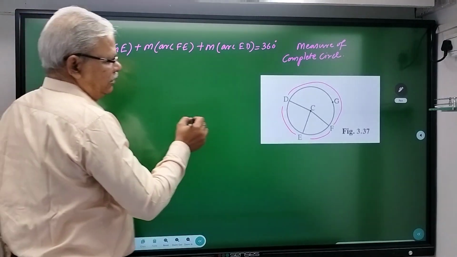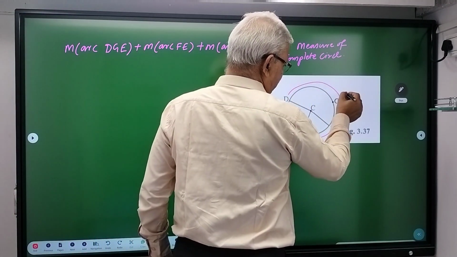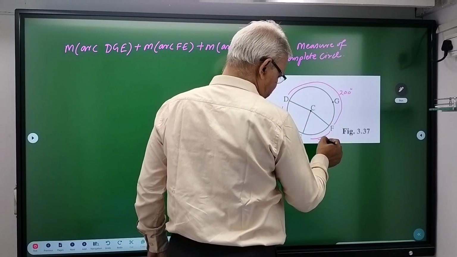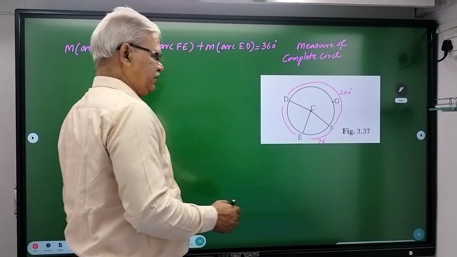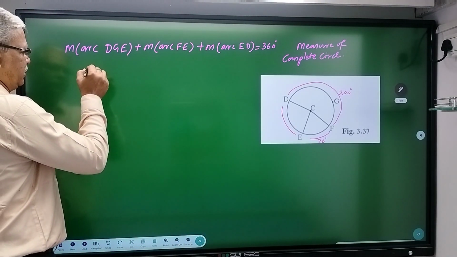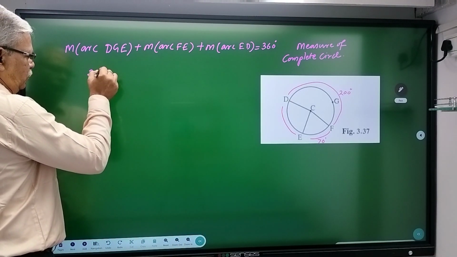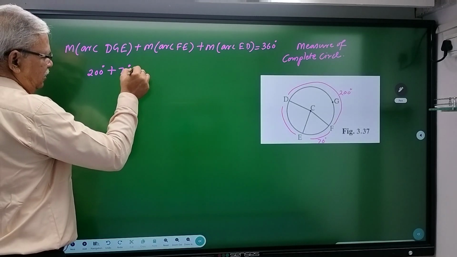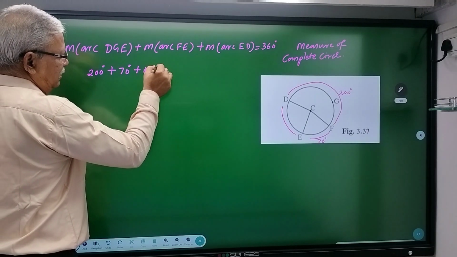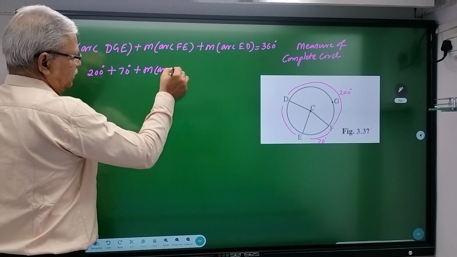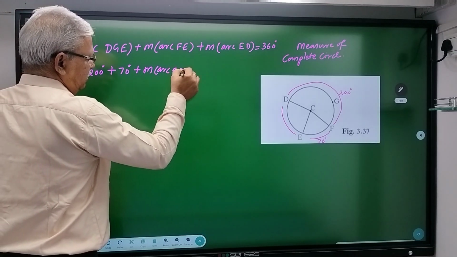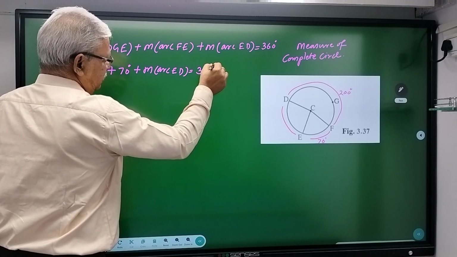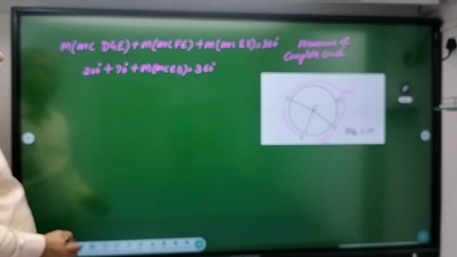Its value here was how much? 200. We found this value as 70. Therefore, we will substitute the value: 200 plus 70 plus measure of arc ED is equal to 360. Okay.